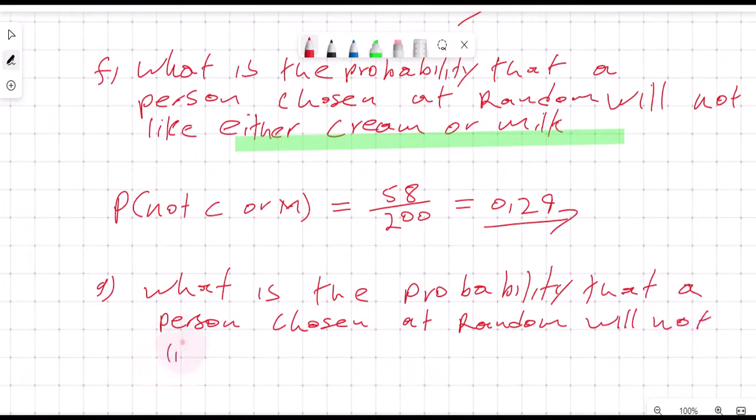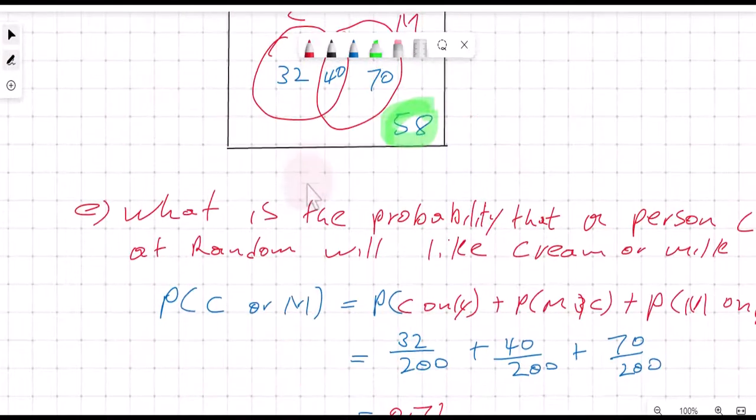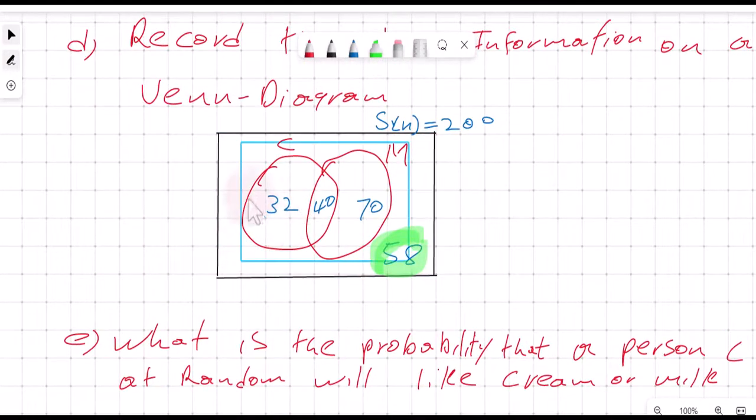So what we are dealing with here is someone who does not like cream at all. So let's see those people who don't like cream. How many are they? Not cream.